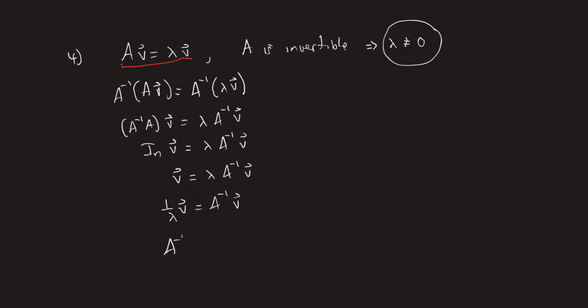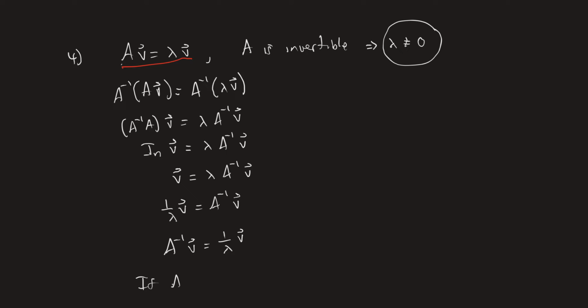So this is just saying that if I now multiply by A inverse, what will happen is the scalar gets reciprocated. So if you notice, the vector is the same as the original vector, but now the eigenvalue that corresponds with the inverse matrix is the reciprocal of the original eigenvalue. So it basically says this.